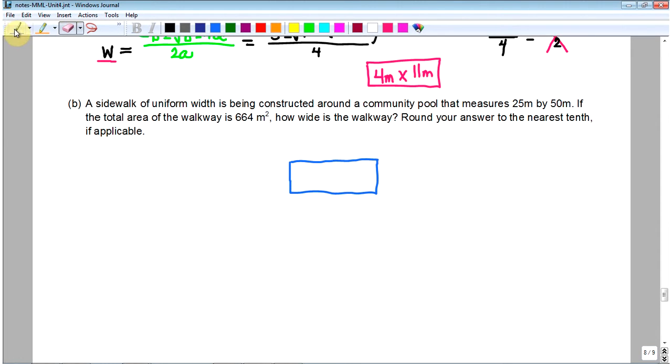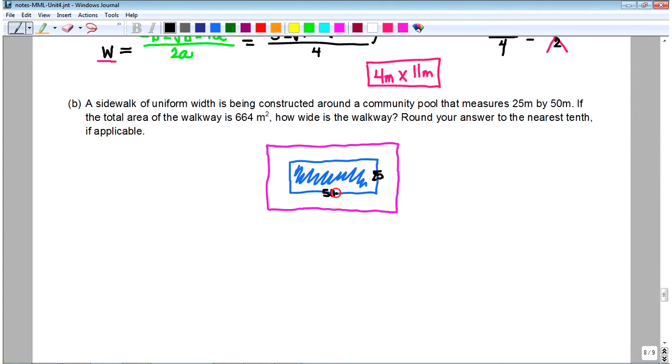And a walkway is being built around it of uniform width. Okay. Does that make sense? Have some kind of concrete walkway going around the whole thing. And we're told that the pool measures 25 by 50. Okay, so we'll let this represent 25 meters, and this side down here will be 50 meters.